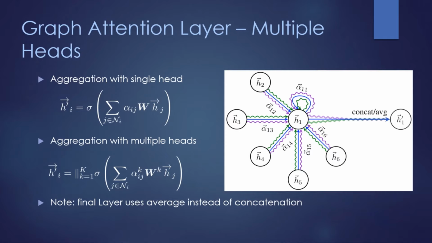This is the concatenation operator. If you have k attention heads, you concatenate the outputs of k of these operations. In the paper, the authors use this in the intermediate layers. For the final layer, before the classification problem, they used an average instead. That's briefly about the multiple attention heads.